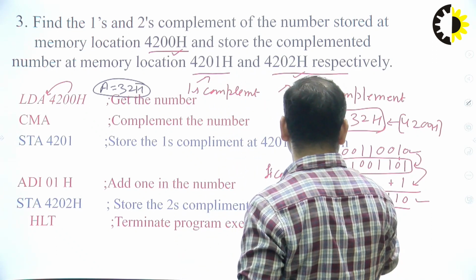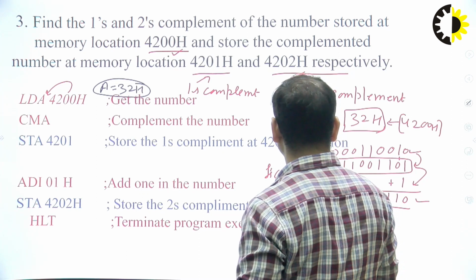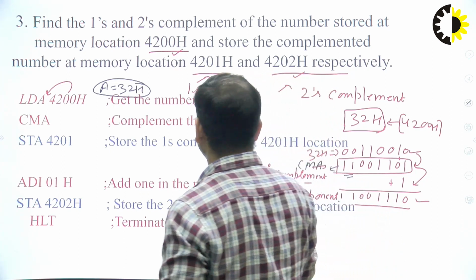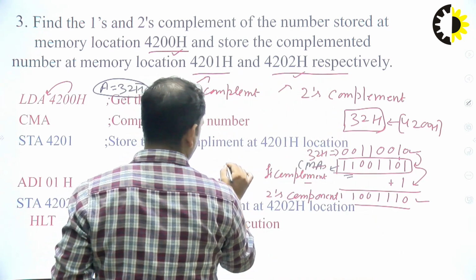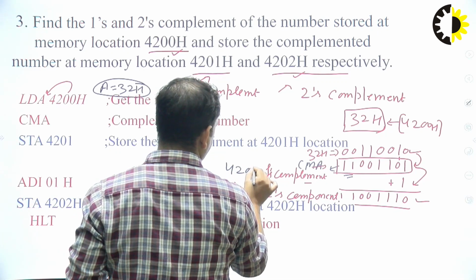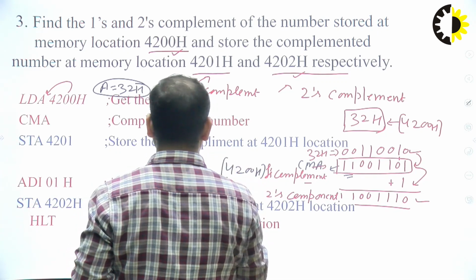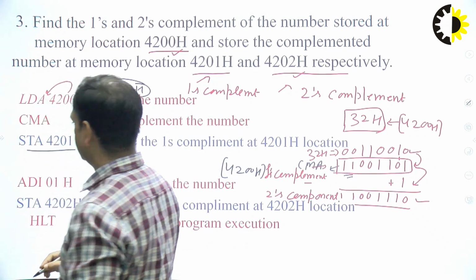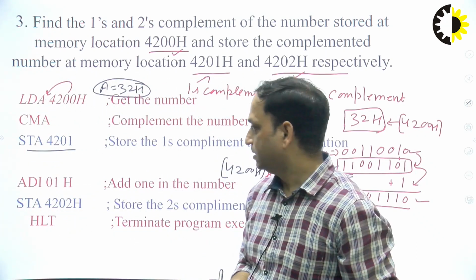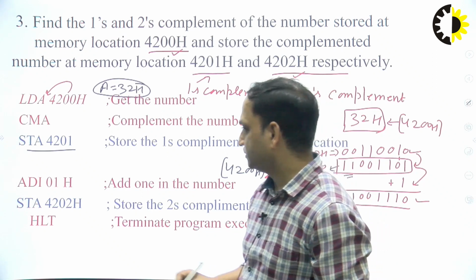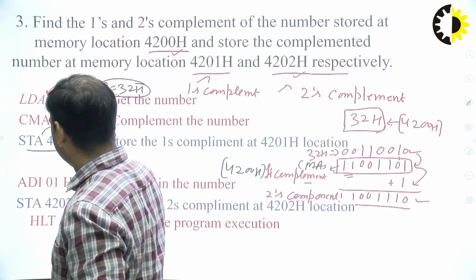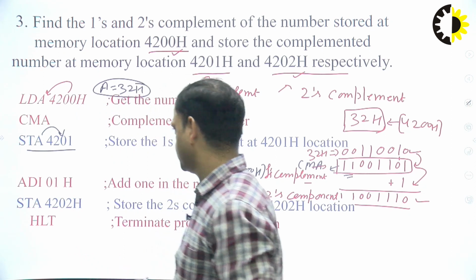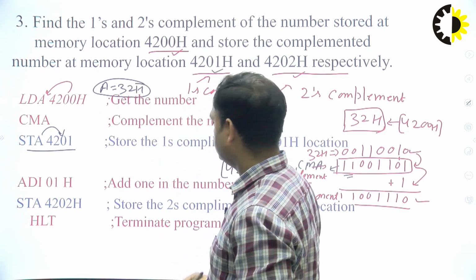Now we want to store this number which is in the accumulator into memory location 4201H. For that we have the instruction STA 4201. The content of the accumulator will move into memory location 4201, which is our requirement.